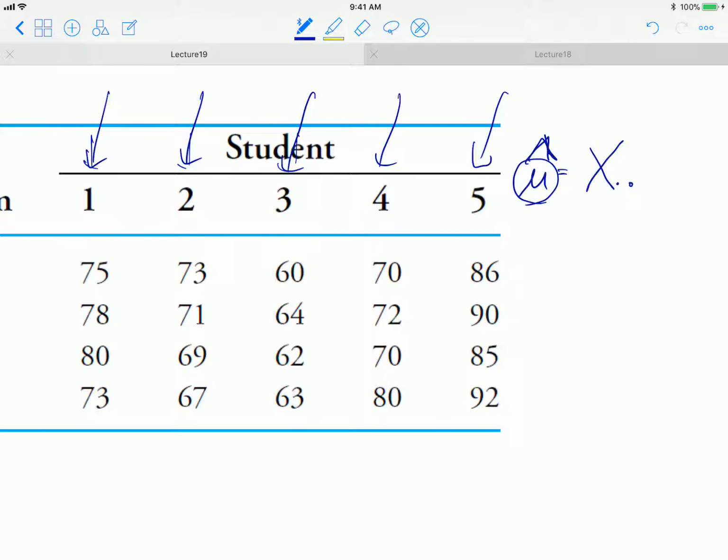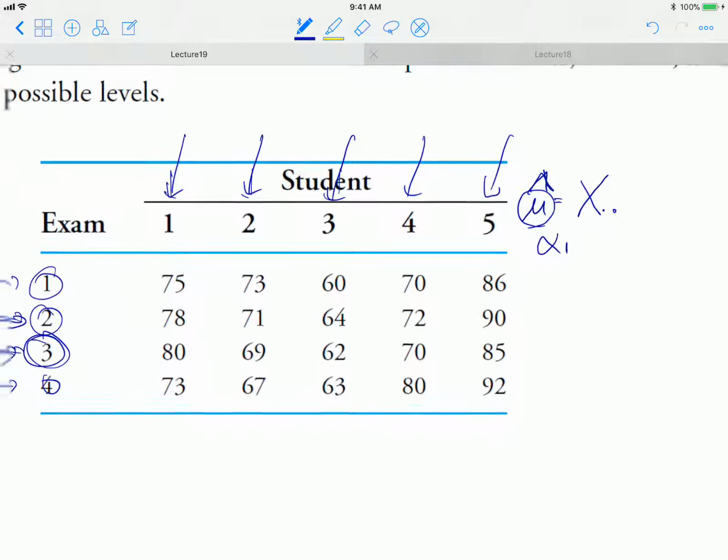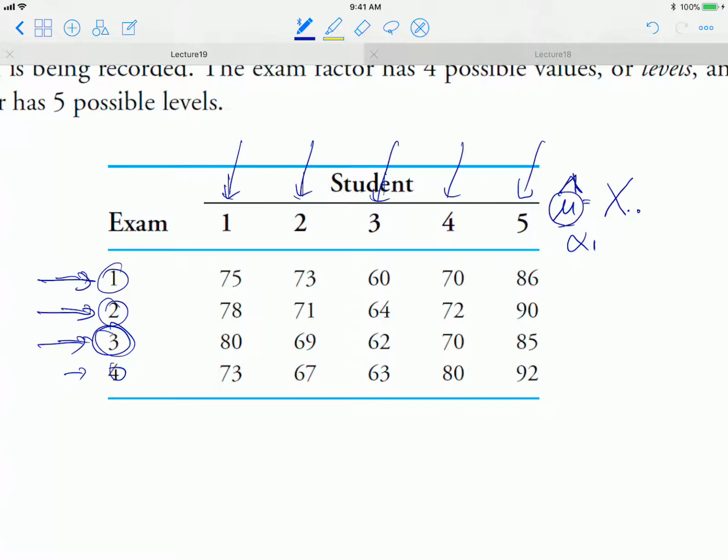And then what is alpha 1? So this one is corresponding to alpha 1. So alpha 2 and so on. So these are some increase or decrease from this global mean due to the first effect, or the first exam, and second and the third exam and so on, right? And then how do you obtain this alpha 1?